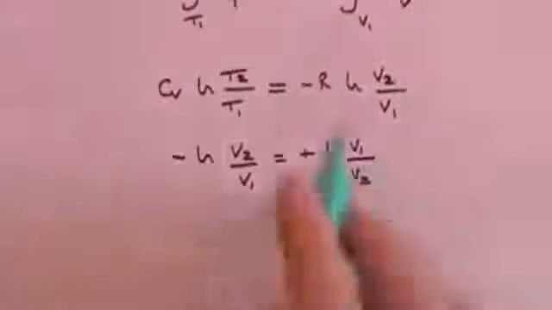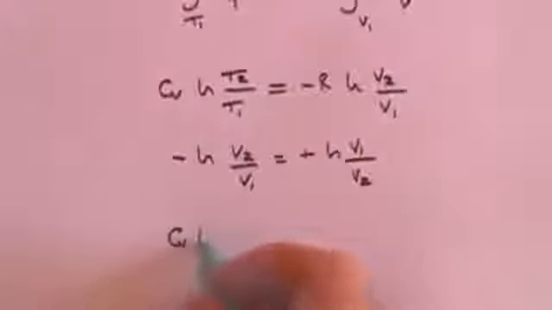And you should know that mathematically minus the log of V2 over V1 is equal to plus the log of V1 over V2. And consequently, this term here, Cv log of T2 over T1, equals not minus R log V2 over V1, but plus R log V1 over V2.